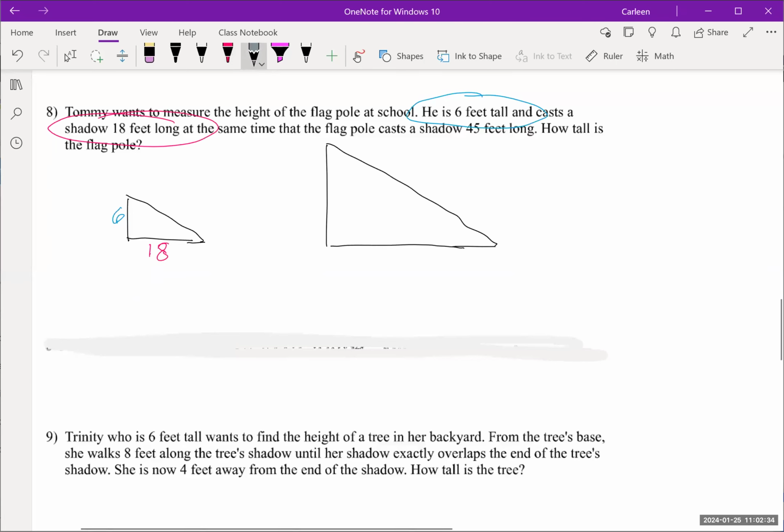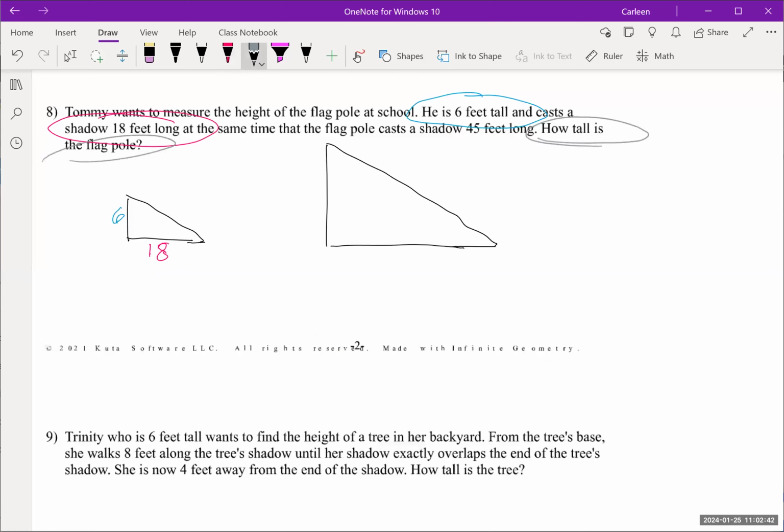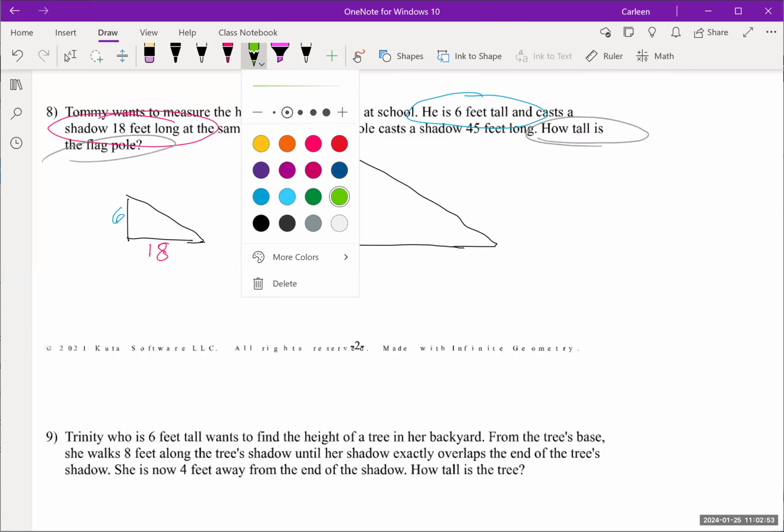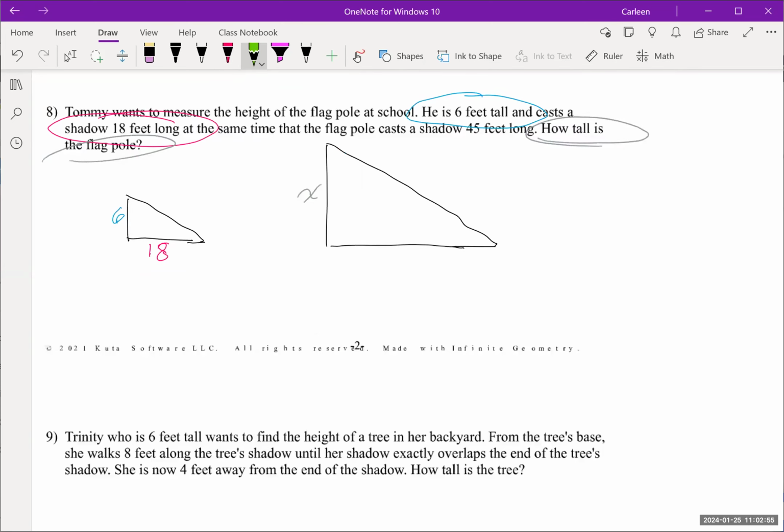Okay, what is gonna go here? All right, that's the X, right? That is the unknown. How tall is the flagpole? We do not know. And what's missing? 45, thank you. The flagpole casts a 45-foot shadow.